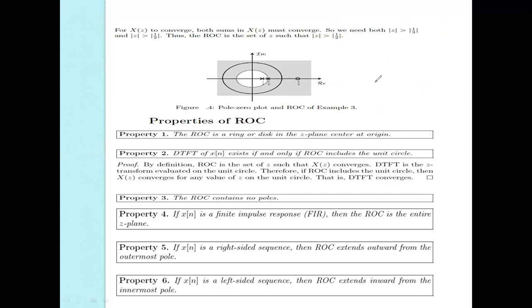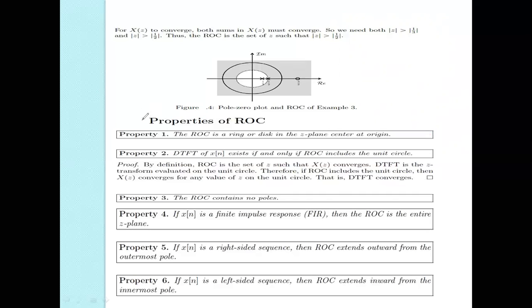When we take z greater than 1/3 alone, there is no overlapping of z greater than 1/2. So you have to write the combined ROC, because the given function is the additive combination of the two functions. Understood, my dear students? Okay.